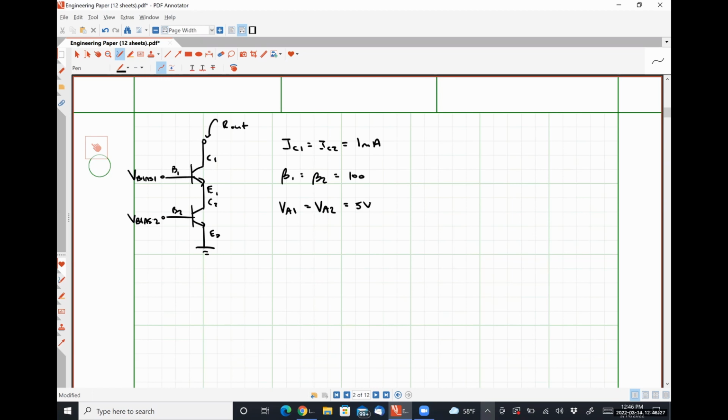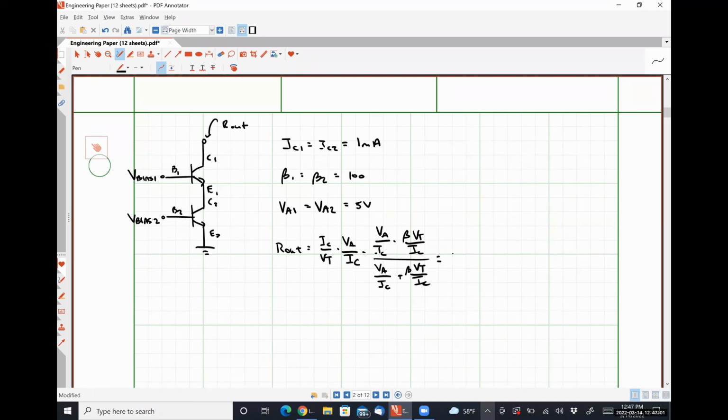What we'll find is that our output resistance R out is IC over VT times VA over IC times VA over IC times beta VT over IC, divided by VA over IC plus beta VT over IC.